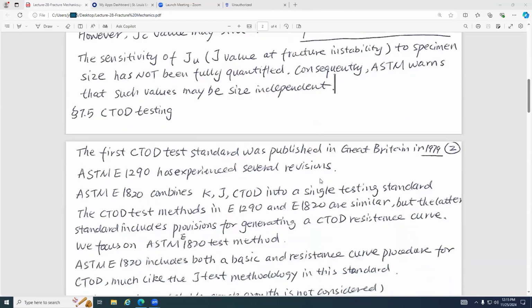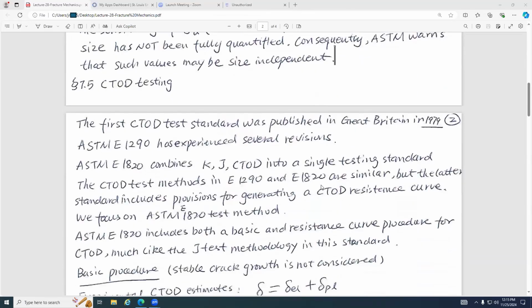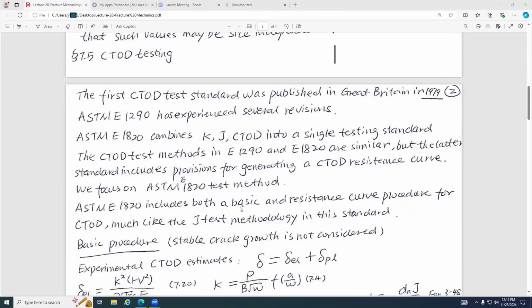Then look at the next one, CTOD testing. And we know that CTOD is another important characteristic parameter to characterize the fracture. Okay, CTOD. The first CTOD test standard was published in Great Britain in 1979.